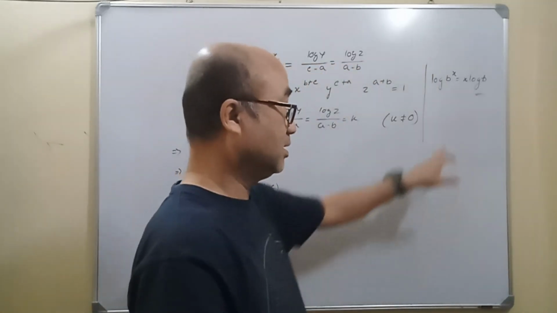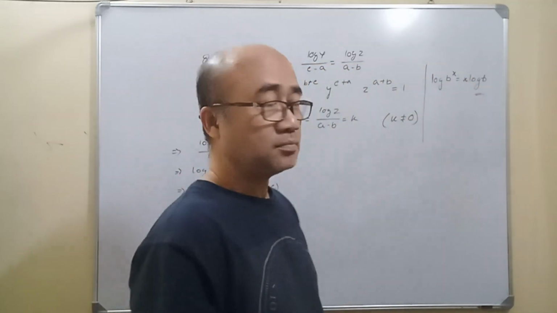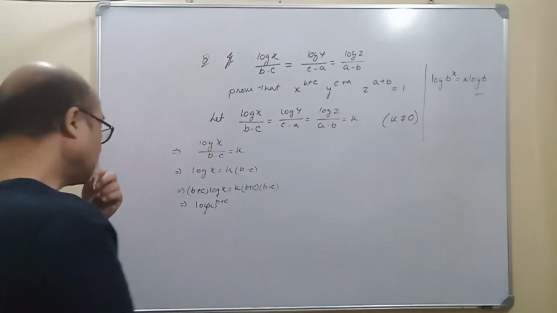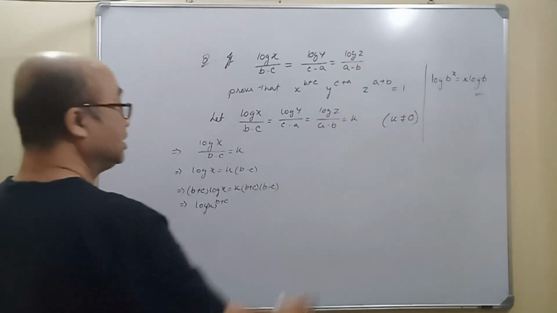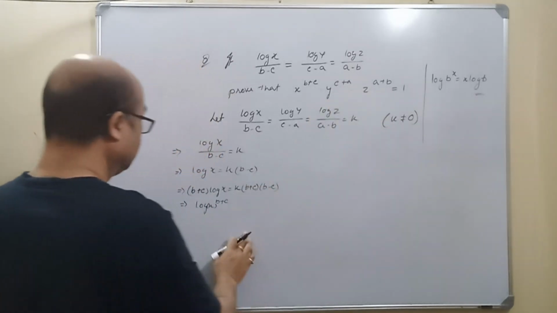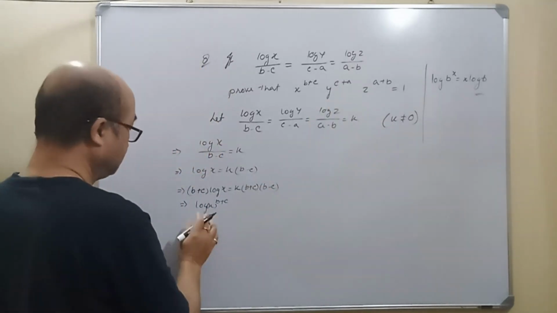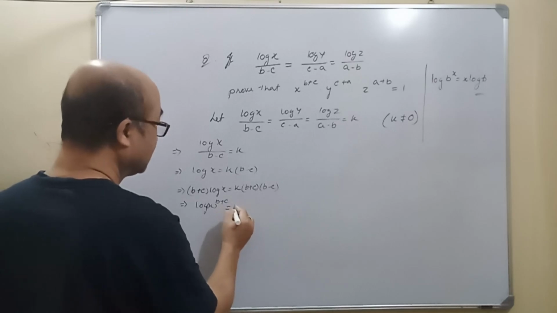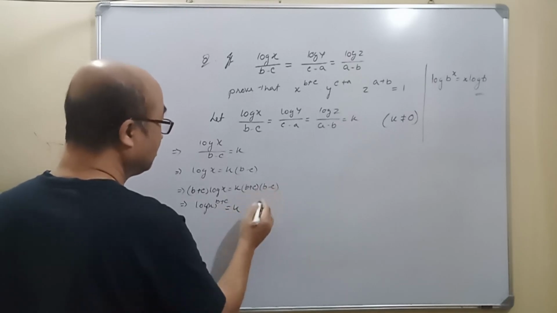We know that, that is a property. So log x to the power b plus c is k into b plus c into b minus c.